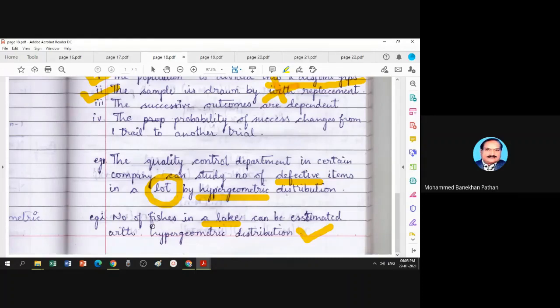So I divide my total population of fish in a lake into disjoint parts. Then I pick up the corresponding sample, and with the help of the sample study, I can estimate on average how many fish there are in the lake. That is the way of using a hypergeometric distribution in such situations.